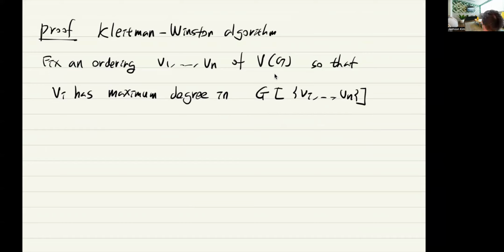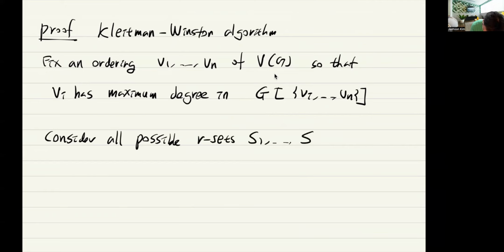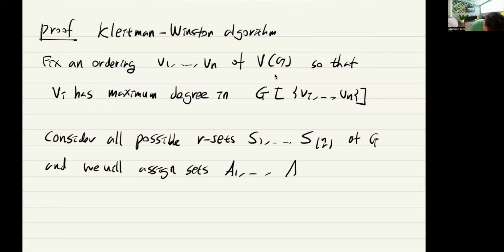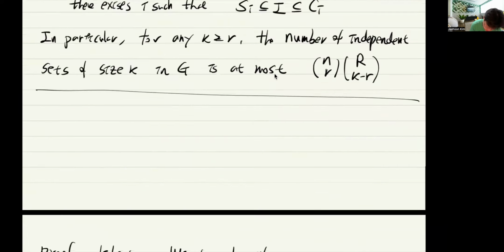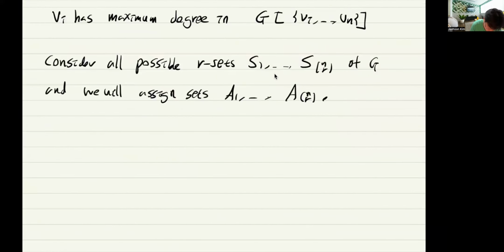And then what? Now we consider all possible sets of size r, S1 to S n choose r, of G. And we will assign sets A1 to A n choose r that satisfy the right property.